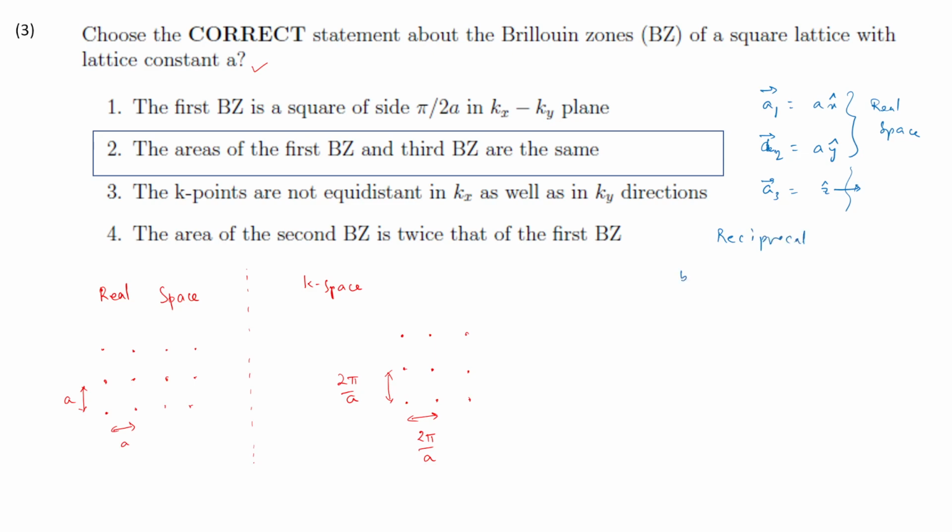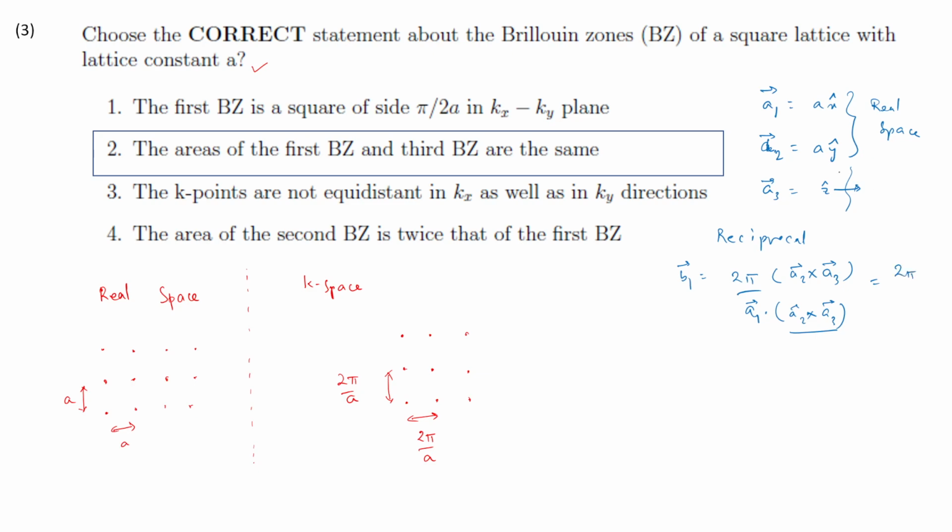You find b1 is equal to 2 pi over a1. So the denominator has to be a scalar, it cannot be a vector. So what we do is we multiply a2 cross a3, and this will give you a vector, and it will do the dot product with this vector, and it will give you a scalar.